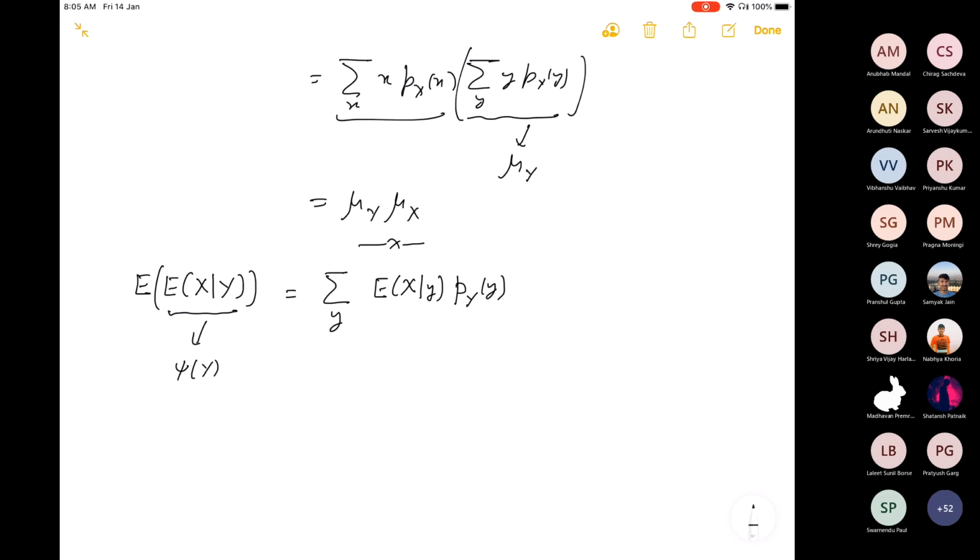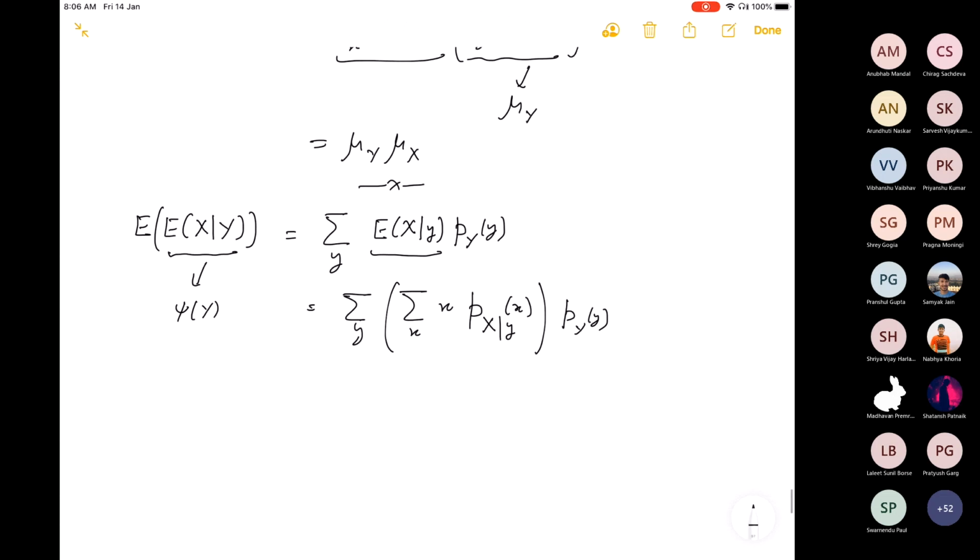Now what is this value? This is the expectation of x given y is equal to small y. Because the density corresponds to f of x given y, this will be the summation over x of x times p of x given y is equal to small y, into p y of y, where p y of y is the marginal distribution of y, and p of x given small y is the conditional distribution of x given y is equal to small y.